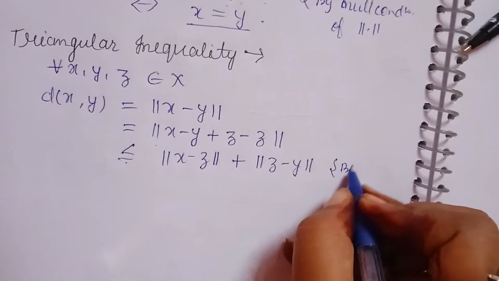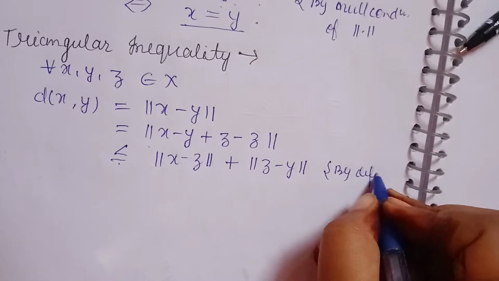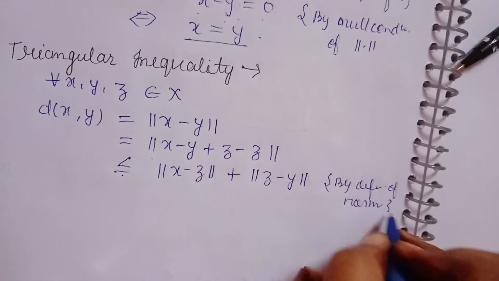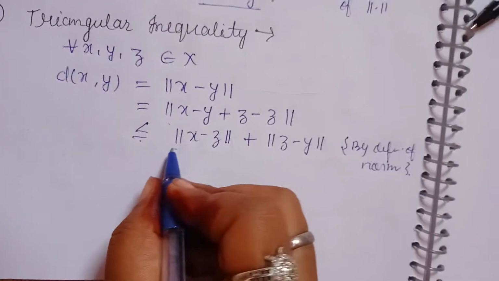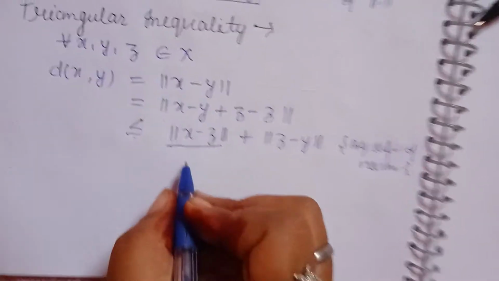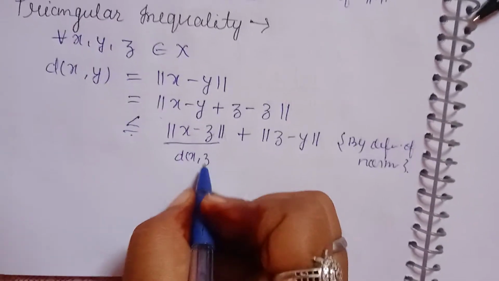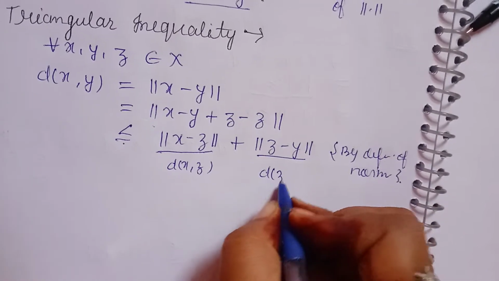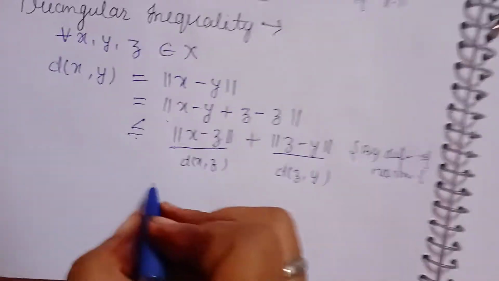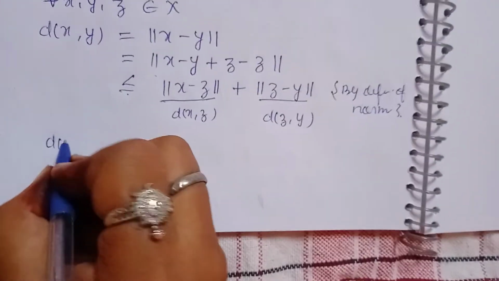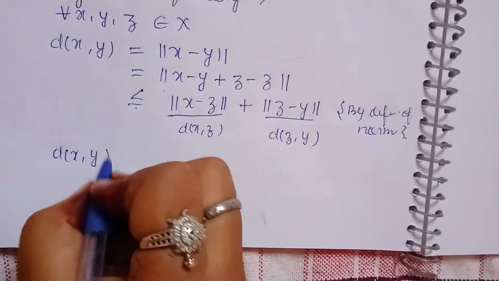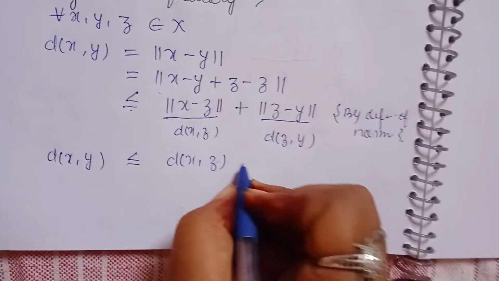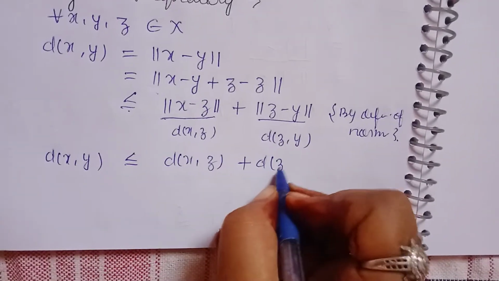By the definition of norm, this is the definition of d(x,z) and d(z,y). So d(x,y) is less than or equal to d(x,z) plus d(z,y).